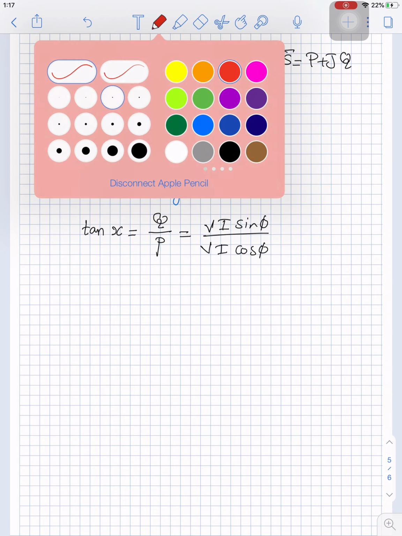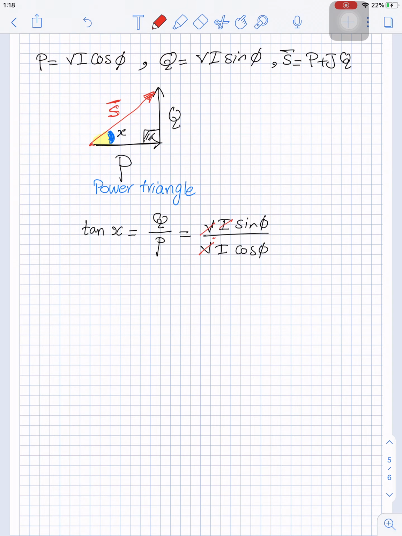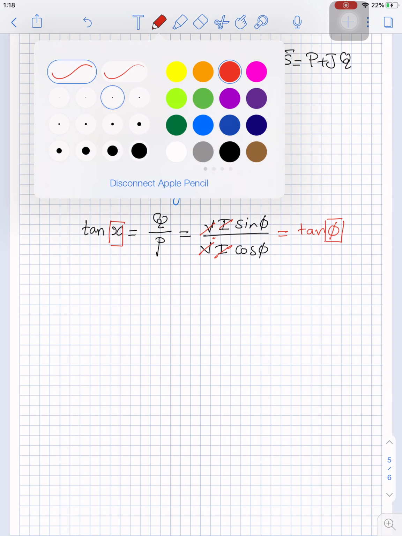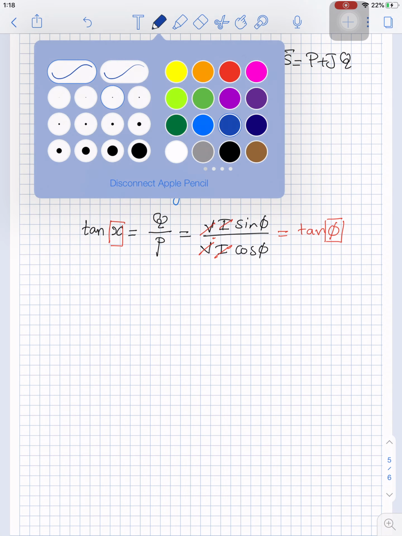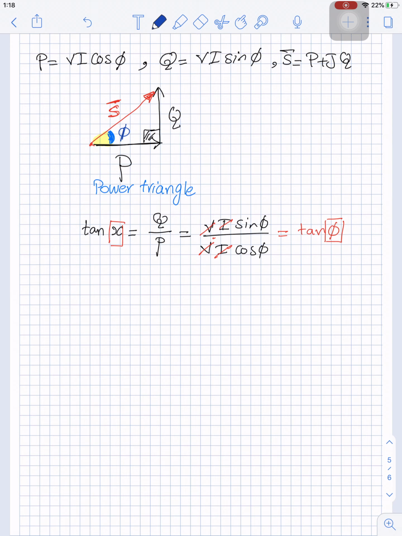So V cancels V, I cancels I, and this equals tan phi, which means that X is actually phi. So we can remove X and write this angle as phi. So the angle phi is the angle in the power triangle.